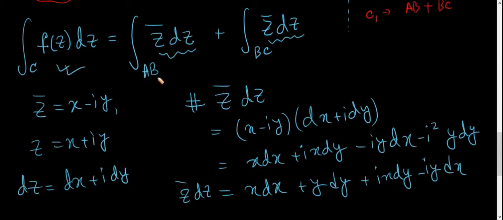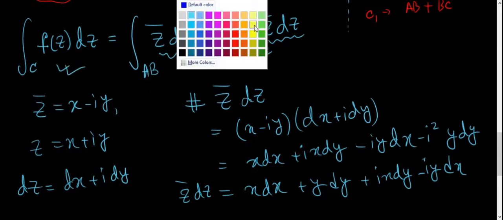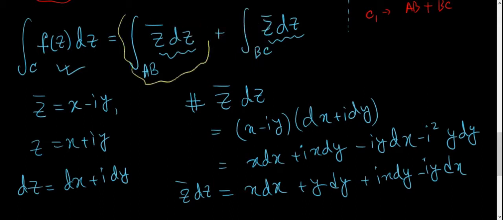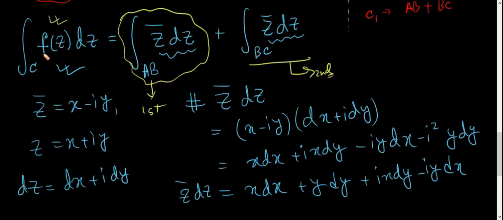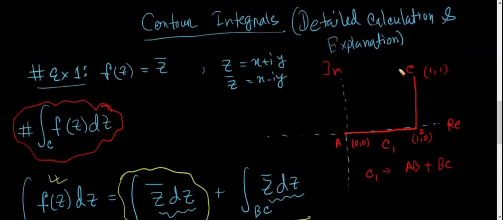So first we want to evaluate this part. Let me just highlight it. This is the thing that we're going to evaluate first, and this is the thing that we're going to evaluate second, and then we'll add them, and this will give us the final result, that is the integral of f of z over this whole contour C1, that means from A to B to C, like this.